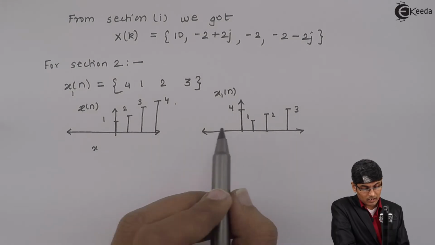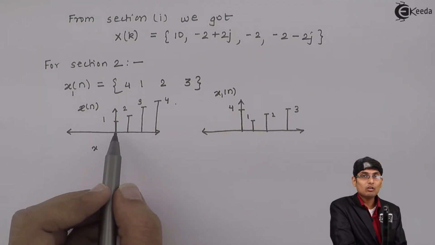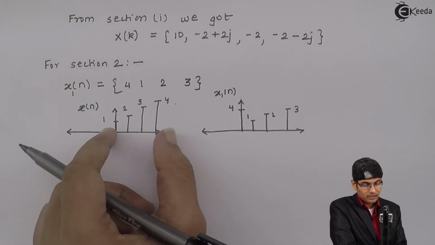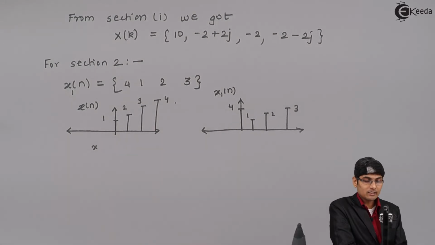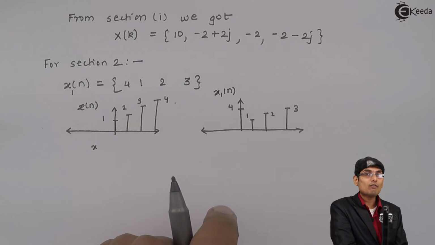Can I see some relation between them? Yes. In the first place I want 4, whereas in the last place I want 3. If I shift this signal, because it is periodic, there will be one more sample on this side, which will be 4.